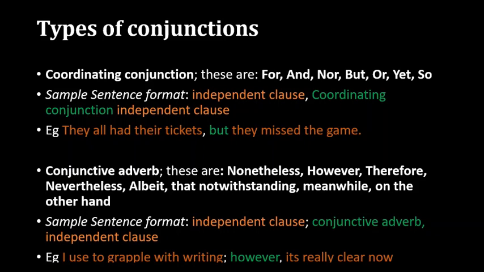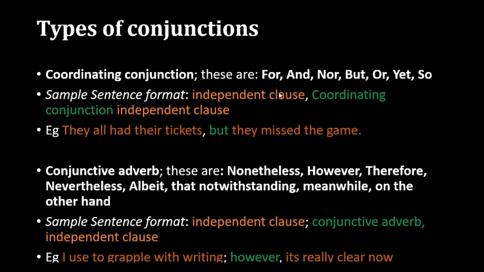The format is: an independent clause will come, then a comma, then any of these coordinating conjunctions that you are using to join the next independent clause. Please ensure that you include this comma. This comma is very important.